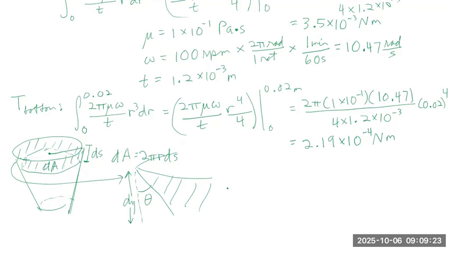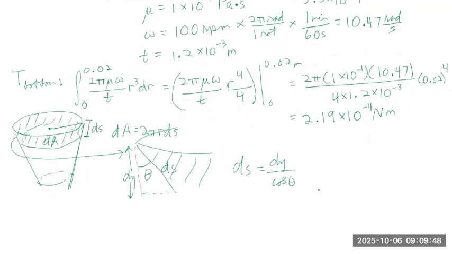So then ds, which is this over here, will be equal to dy over cosine theta, because ds times cosine theta will give us dy.